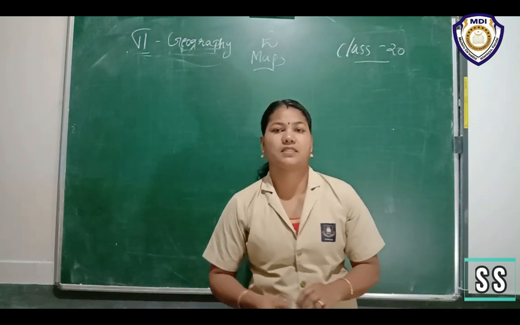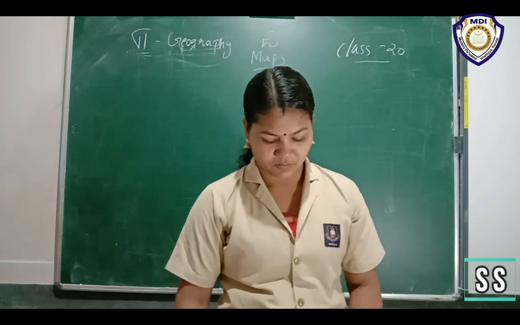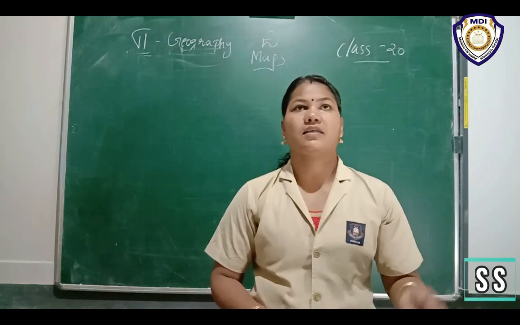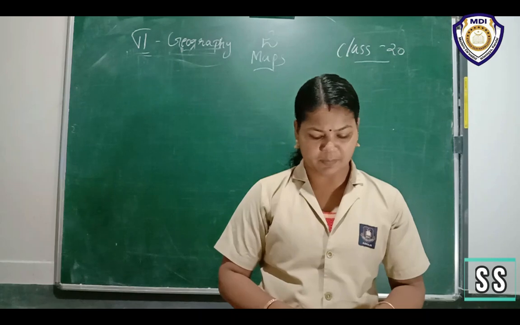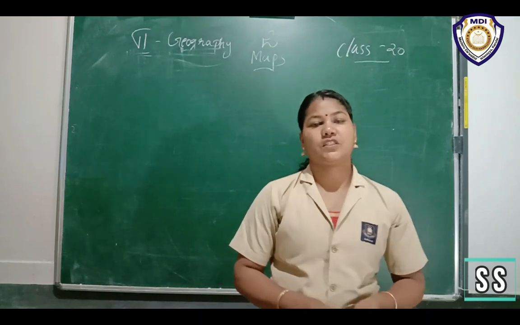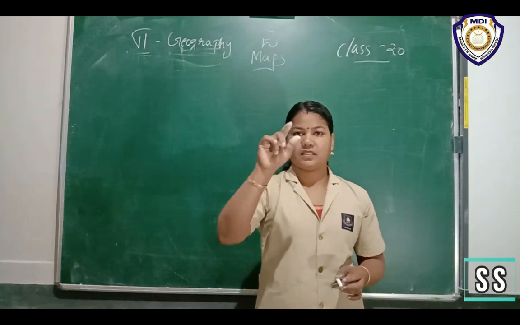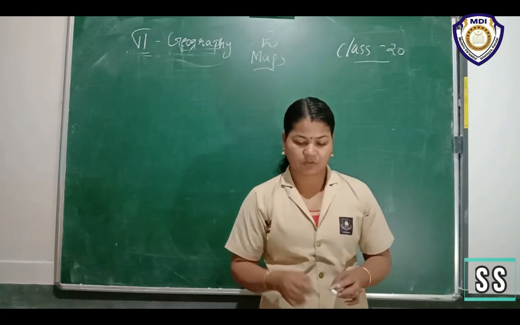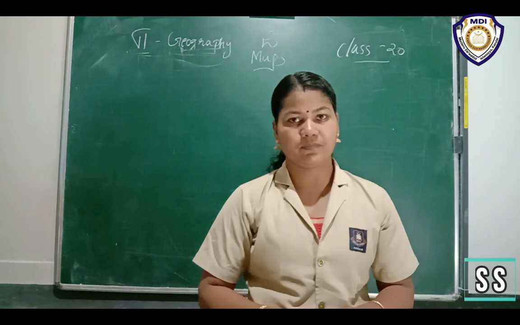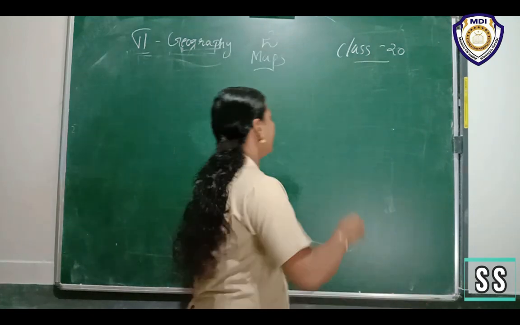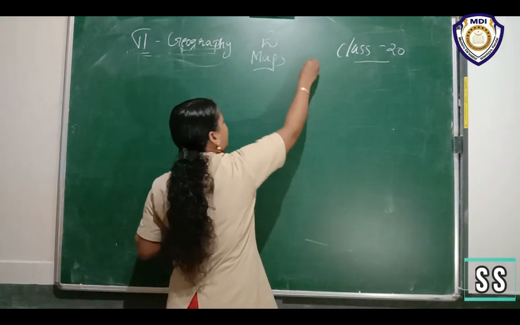Now plastic and paper are used. Lastly we discussed features of a map. Every time there is one vertical line used. That is N. At the top we always consider N. This is the vertical line N.